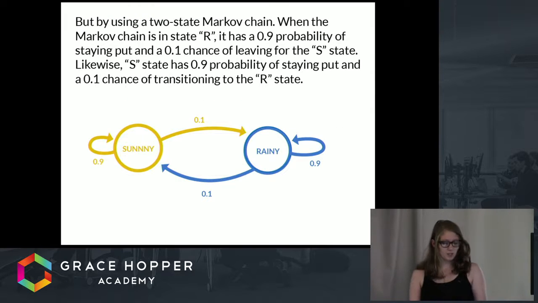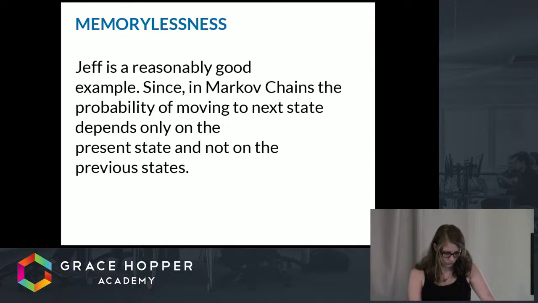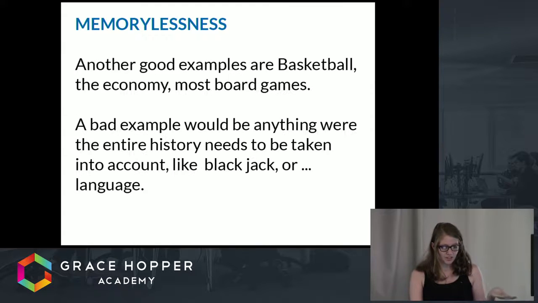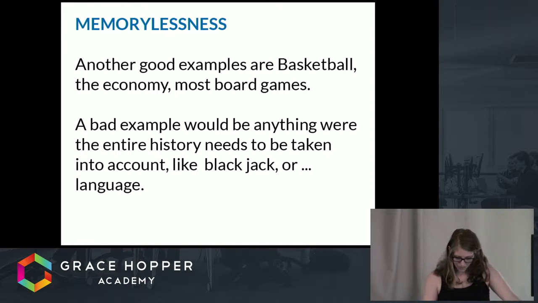If it's sunny, it's much more likely to continue to be sunny, and if it's rainy, it's much more likely to be rainy. So because of this memorylessness, Jeff is a good example, the weather is a good example, games of chance, the economy, most board games actually, and apparently basketball, but please don't ask me how that works, are good examples.